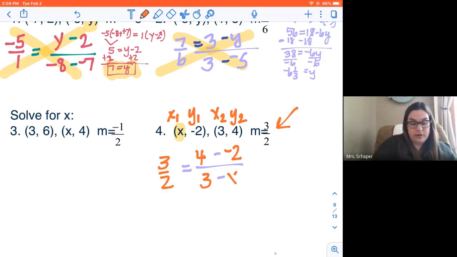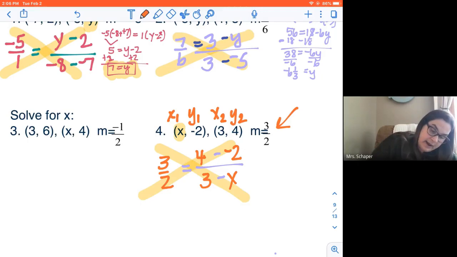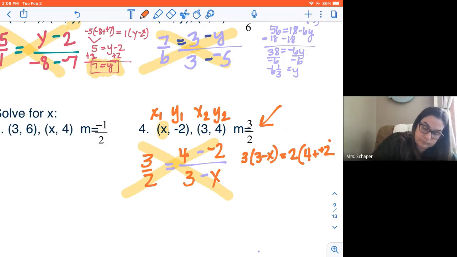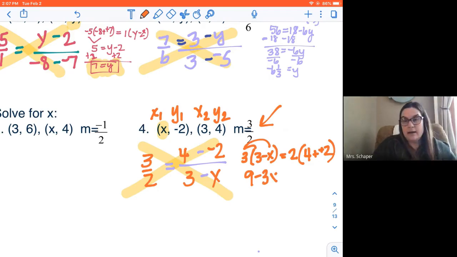And what I'm going to do here is cross products. So what I have is 3 times the quantity 3 minus x is equal to 2 times the quantity 4 minus -2. Distribute. 9 minus 3x. 3 times 3 is 9. 3 times x is 3x.